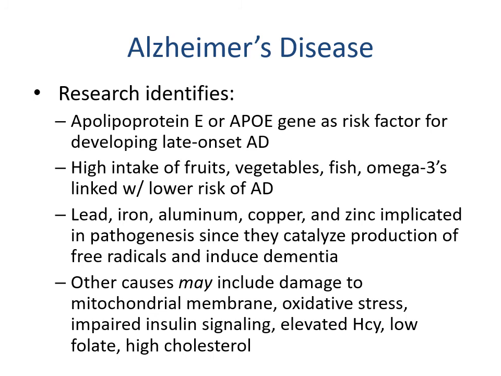Other causes may include damage to the mitochondrial membrane, oxidative stress, impaired insulin signaling, elevated homocysteine, low folate, and high cholesterol. Which I know what you're thinking, which is, so everything. And that's kind of the problem, is that we're not exactly sure which of these is most important, which of these is most dangerous, but these are all associated with the development of Alzheimer's.